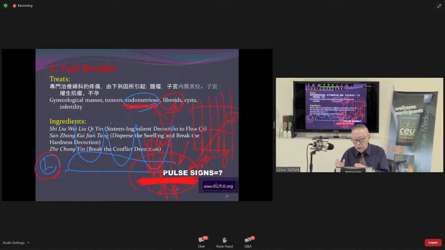When the pulse changes very fast in a few weeks, then we start using my kidney yang combo, the best baby maker combo. So for infertility in the beginning, this is the formula I always use. Okay, any questions?